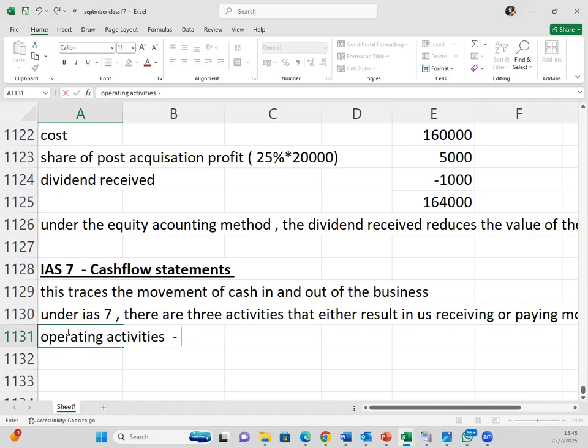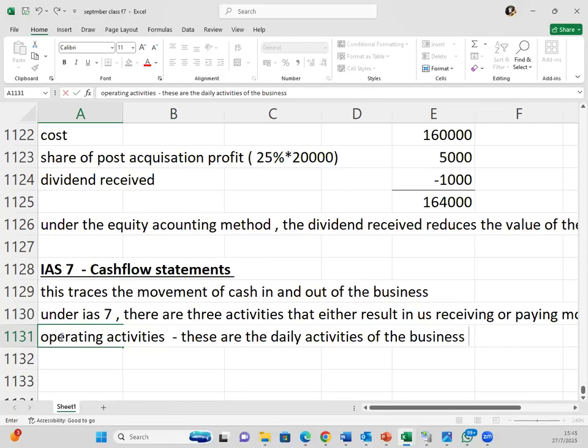So the operating activities, these are the daily activities of the business. So in the business, on a daily basis, we can receive money from sales, we can pay for expenses.